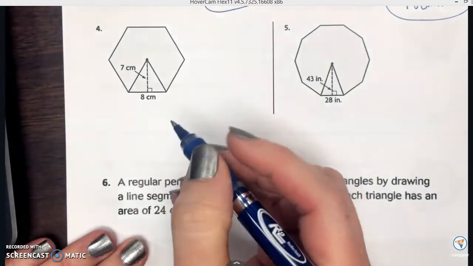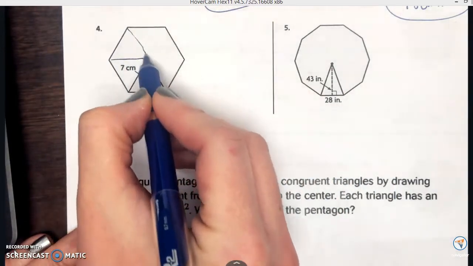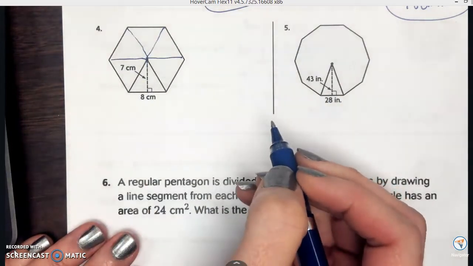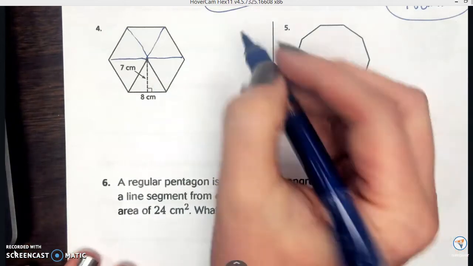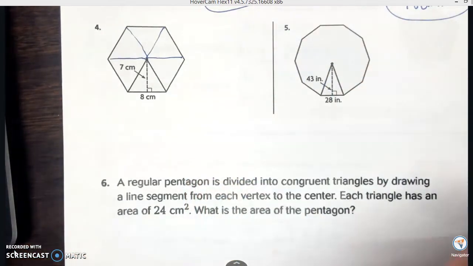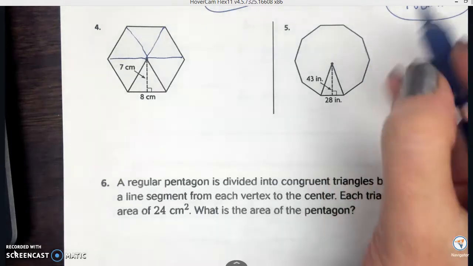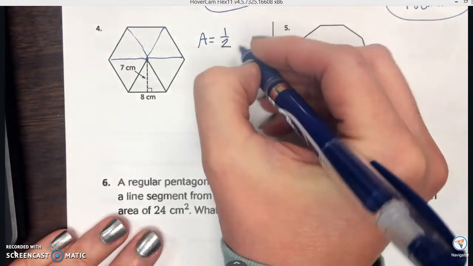Okay, number 4. This time we've got 6 sides, so this is a hexagon. I'm going to find the area of this one triangle first.